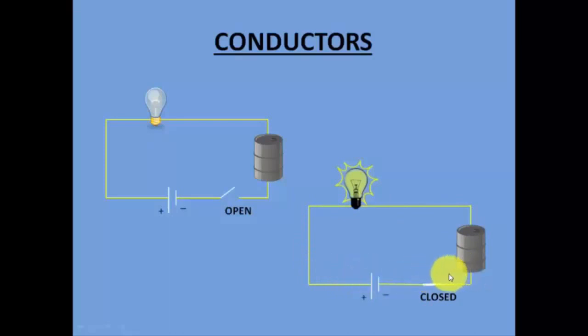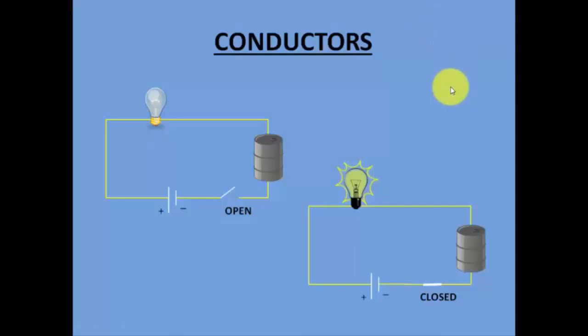As soon as this circuit is complete, the bulb will start glowing. This shows that the circuit is complete, which means the negatively charged electrons are flowing through the drum. So the drum allows the electrons to pass through it.